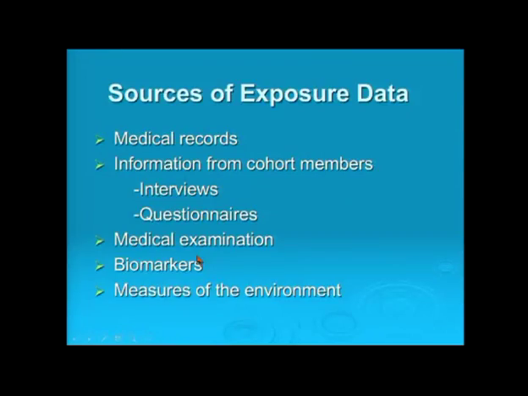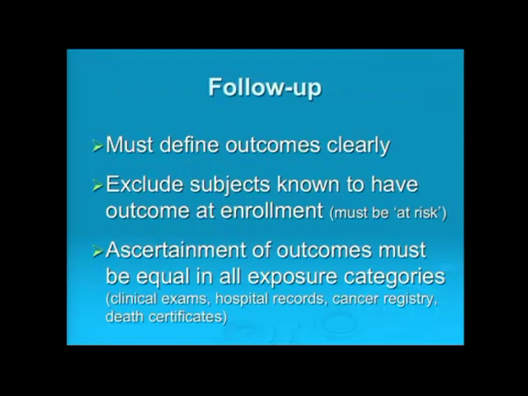And we have an example of this in our lab on Friday. Or you might have measures of the environment. I might choose a group of people who live in an area of the country where there's a lot of smog and terrible air quality versus a group of people who live in the Colorado mountains where the air is very clean. And I might be looking at respiratory conditions as my outcome. So there's lots of places to get the data.